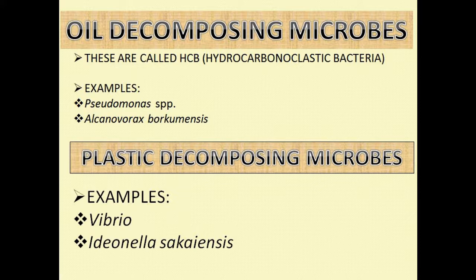That is, they convert it into some substance that can be just decomposed in the soil. In oil, Pseudomonas species, Alcanivorax, these are the microorganisms that convert the oil into the hydrocarbons and then finally into carbon dioxide and water.